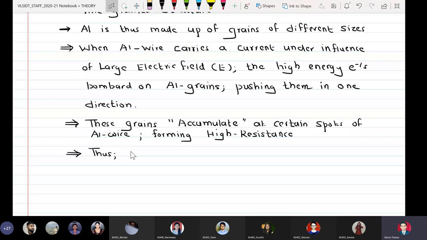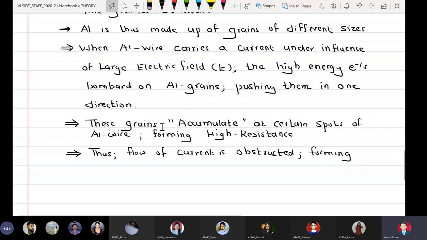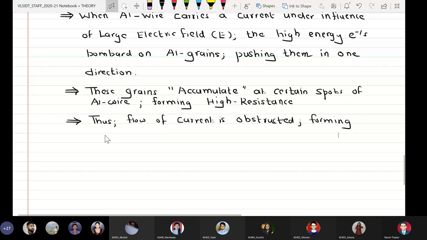Thus, the flow of current is obstructed, forming hot spots.